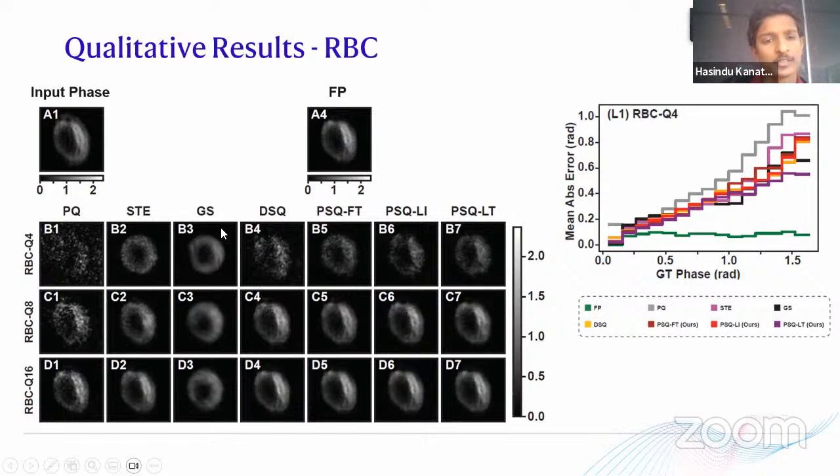Even though Gumbel softmax had higher SSIM values, I think it's mainly due to the shape of these red blood cells. Most of the red blood cells have an annular kind of shape. So the network trained with Gumbel softmax predicts most of the red blood cells with this annular ring type of shape in the middle.